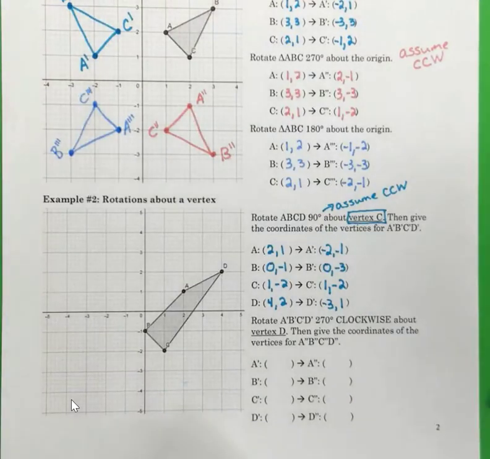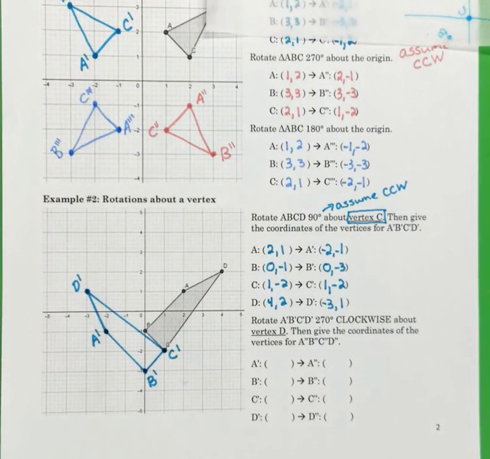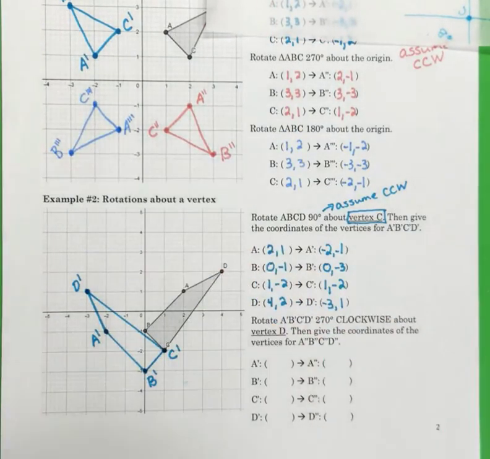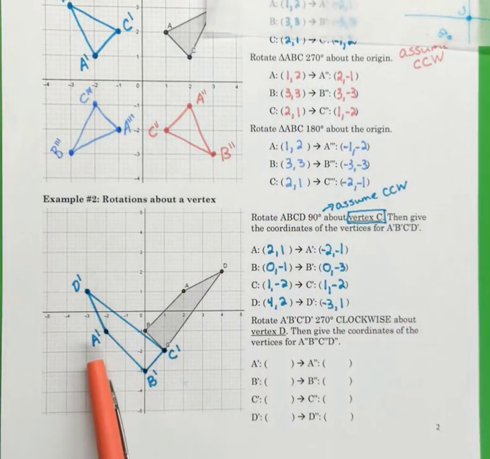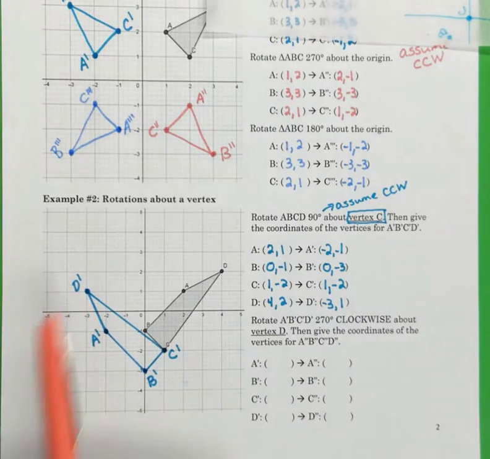So I'm going to map those onto my figure. Okay, you'll notice that I paused it so that I could create the figure just to tighten up our time here. So you'll notice that I labeled my new image with A prime, B prime. Even though C stayed the same, I'm still going to label it as the new point because it is part of the new figure, and then D prime.